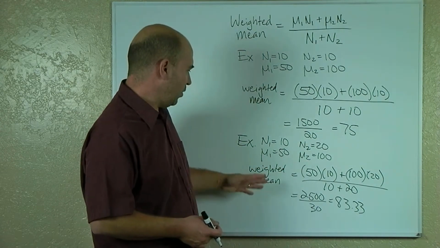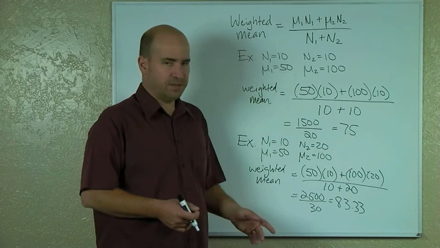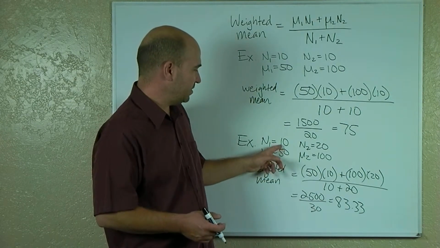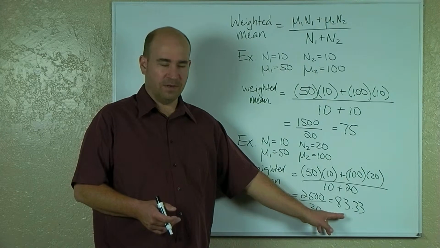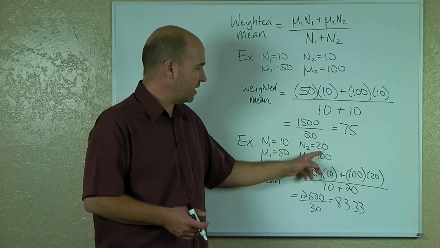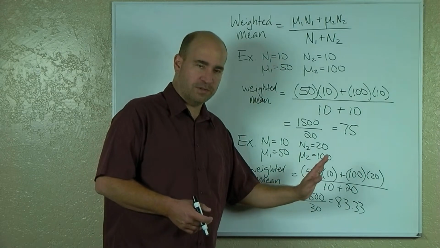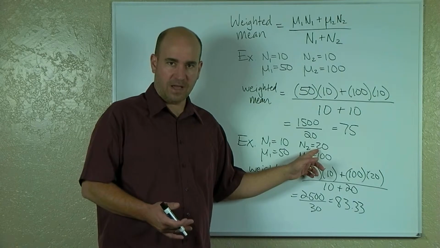So, what's happening here is the weighted mean takes into account the sizes of the groups. And the overall answer for the weighted mean, when you have unequal group sizes, will be pulled closer towards the mean of the group with the larger size.